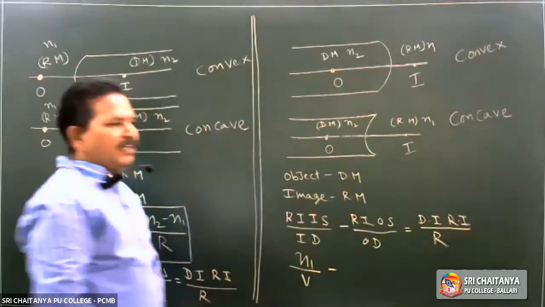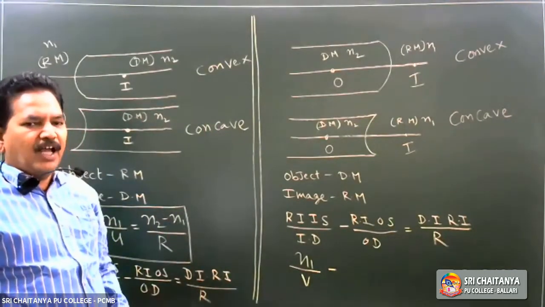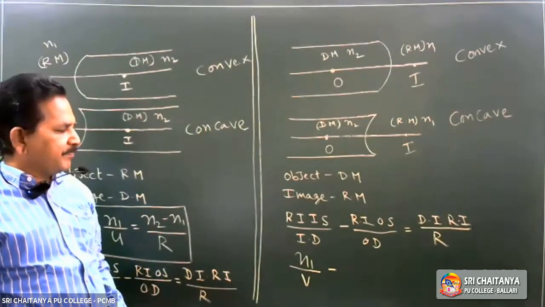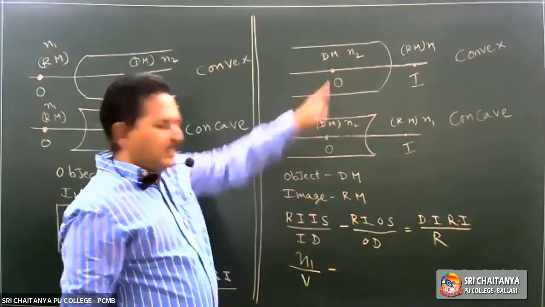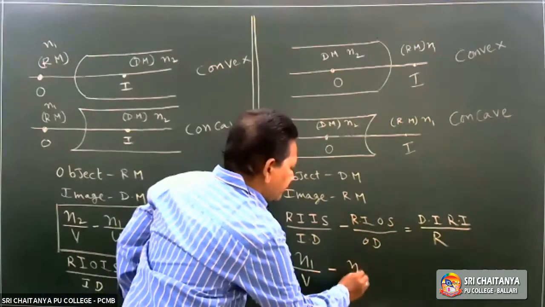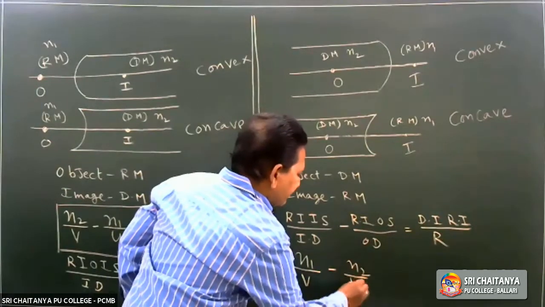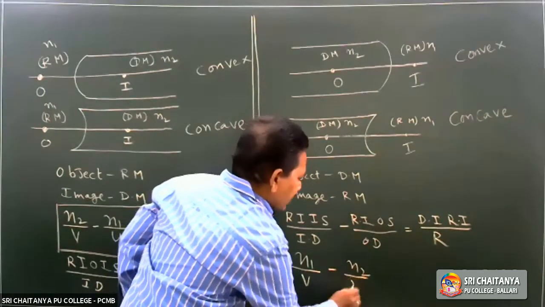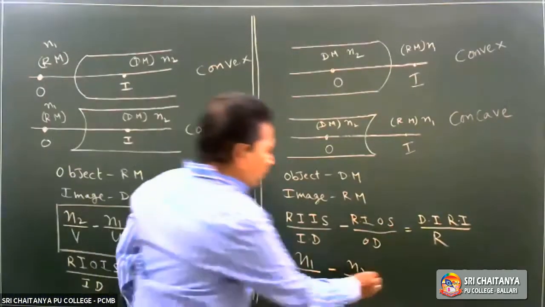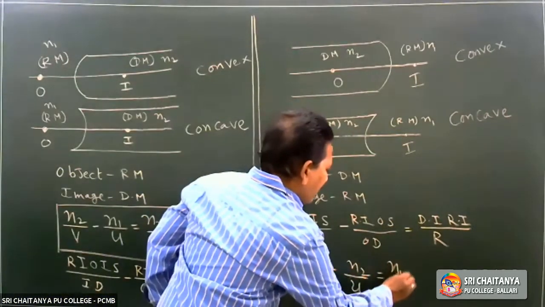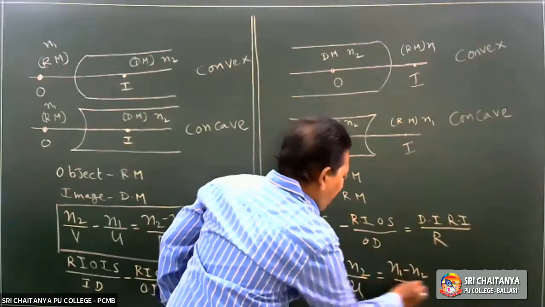Minus refractive index of the object space. Object is in the denser medium. That is N2 by U, because object distance is U, is equal to N1 minus N2 by R.